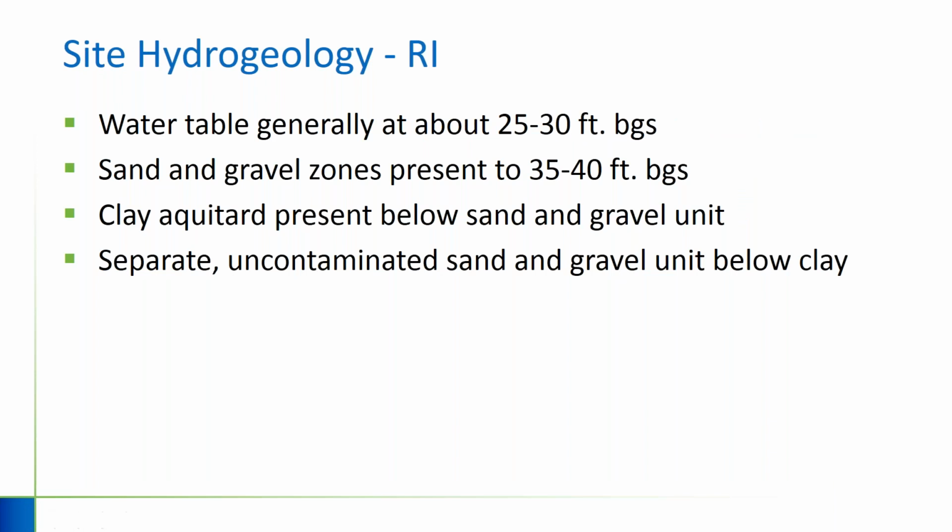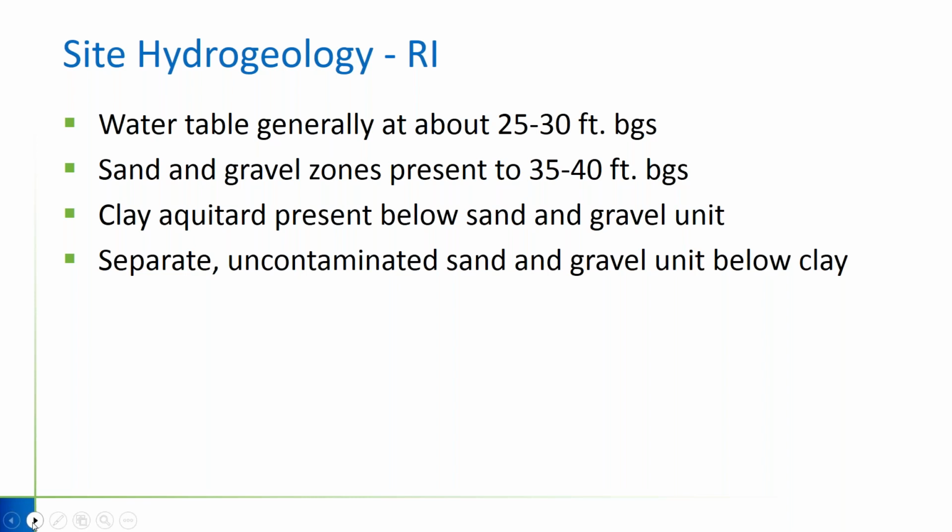So at this site, this is another pretty shallow site. And this was the initial CSM. There was a sand and gravel zone, basically from about 25 feet to 40 feet, just to keep it simple. And then below that, there was thought to be a clay aquitard, much like Commerce Street, that just kept everything above it.